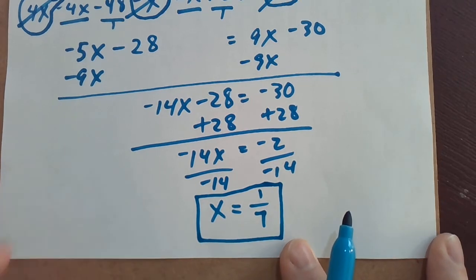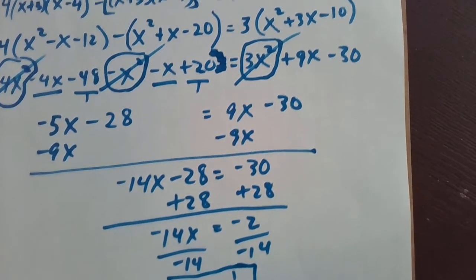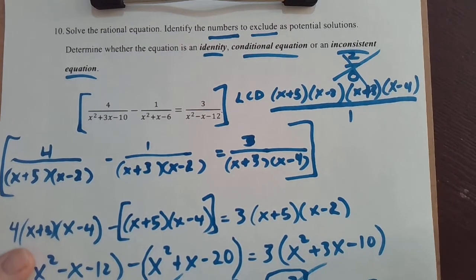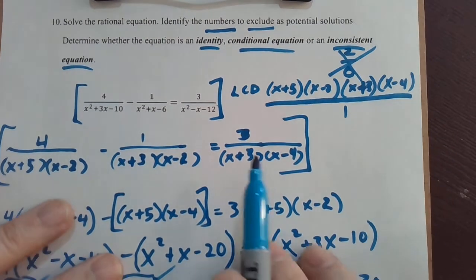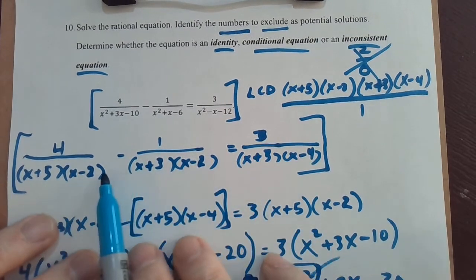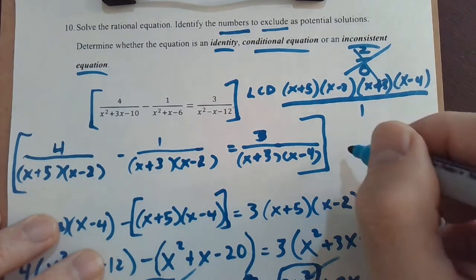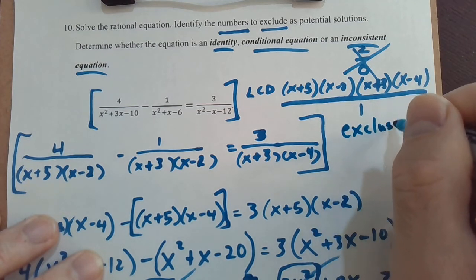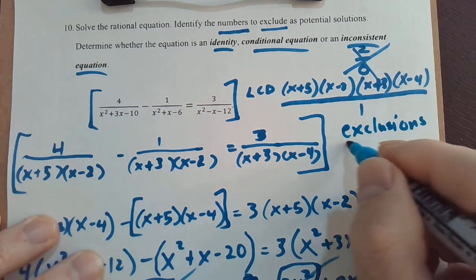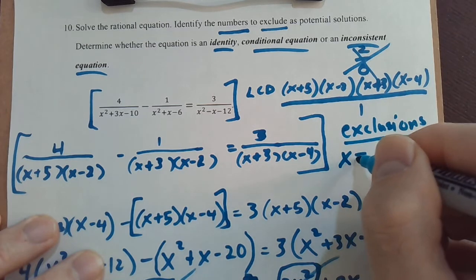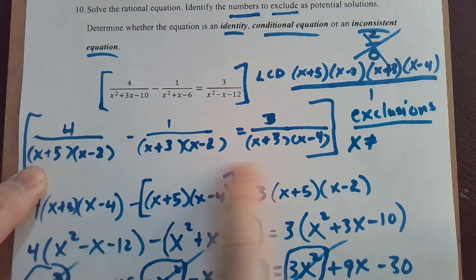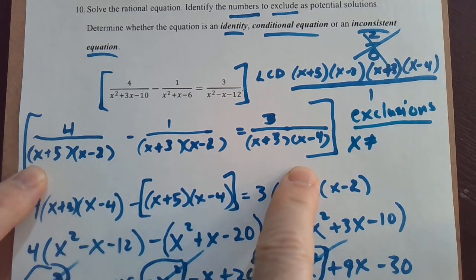We do need to go back and make sure it's not one of the numbers that needed to be excluded as a potential solution. So up here, after we factored, it's easy to determine the exclusion or exclusions. X cannot equal any number that would give us a 0 in the denominator.